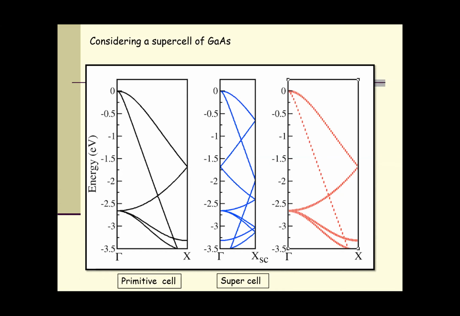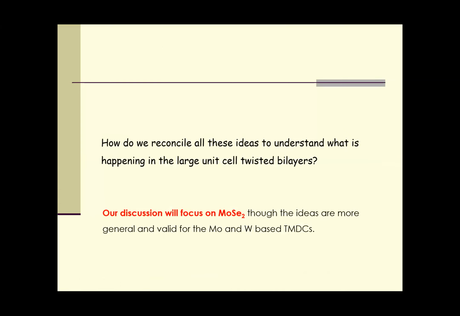Okay, so keeping these points in mind, let's try to reconcile the ideas to understand what's happening in the large unit cells of twisted bilayers. In general, I will focus on MoS2, though I feel the ideas are valid across both the molybdenum and the tungsten-based transition metal dichalcogenides.